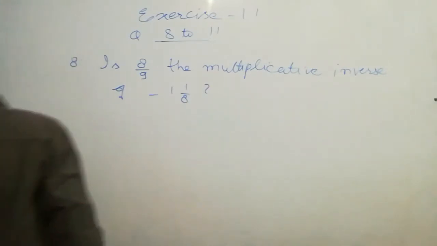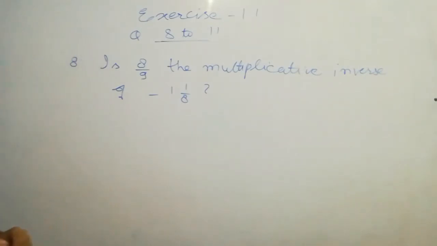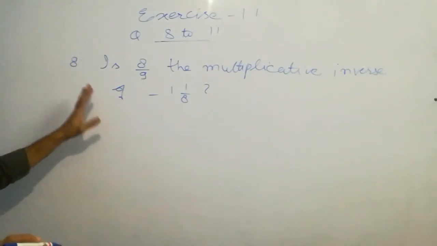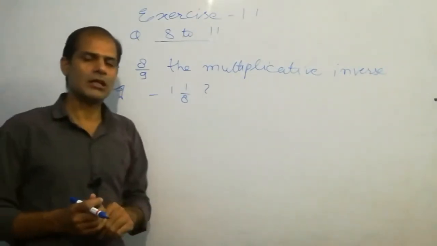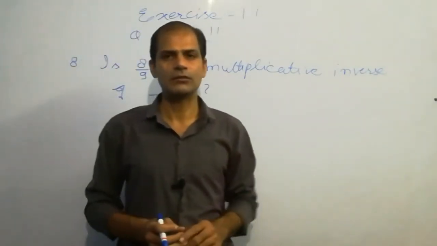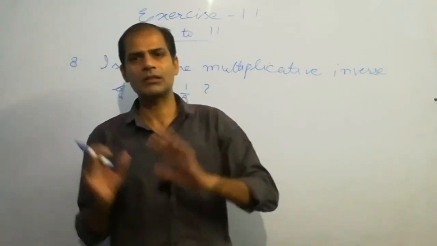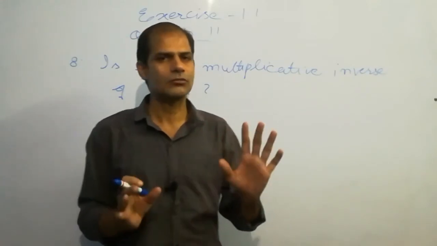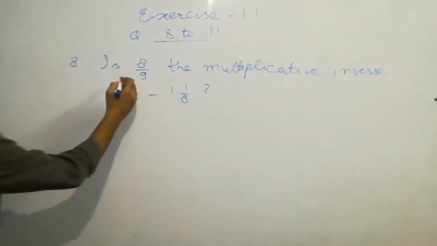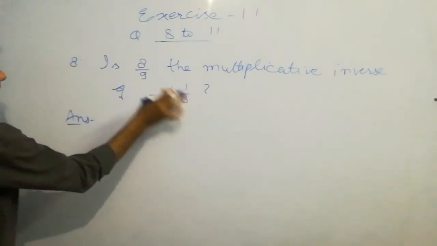Why or why not? I have not written the question completely because you all have the books. This question is about the multiplicative inverse. I told you what a multiplicative inverse of a given number is: if a number is given, then its multiplicative inverse, when multiplied with that number, gives 1 as the output. Correct. So 8 upon 9. Now we will check the product of this and this number.